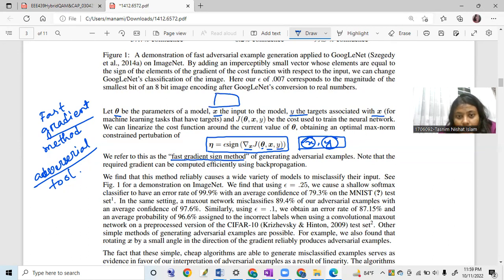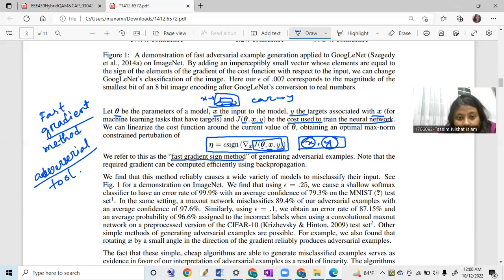Say you have an image of a car: this is x and this is y. And J(theta, x, y) is the cost to train the neural network. So J is basically the parameter which indicates how much it will take for the neural network to train.